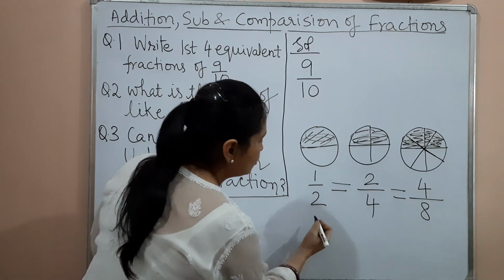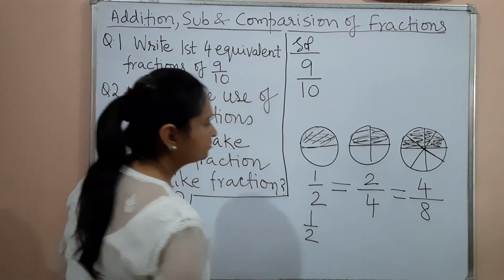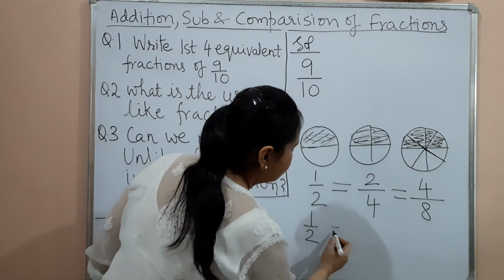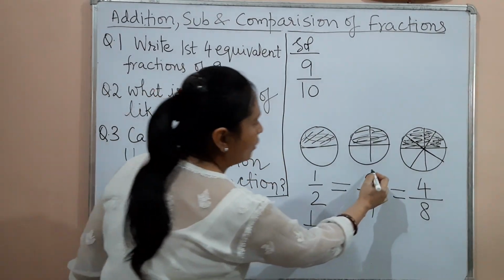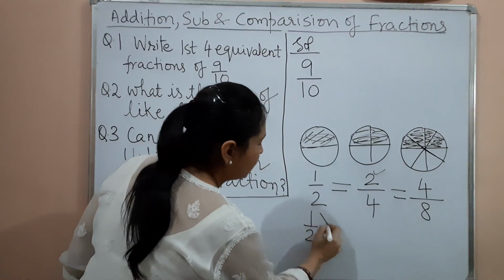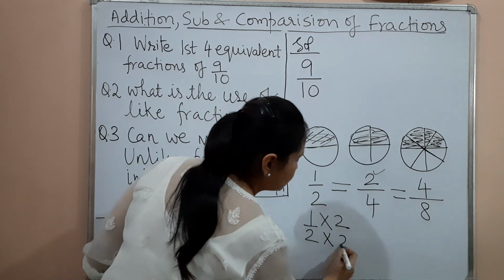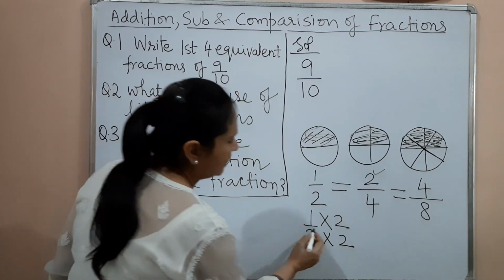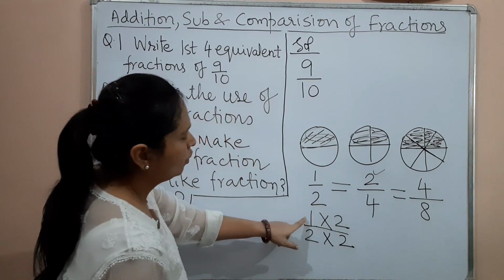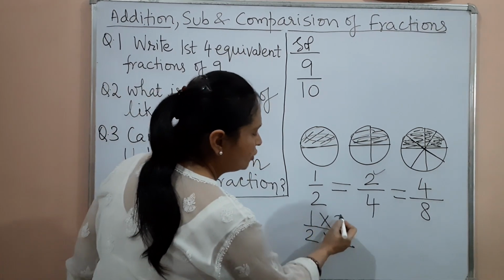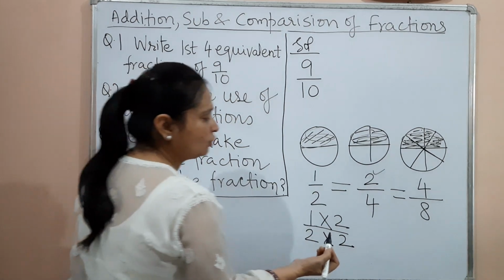See how did I get this number? I multiplied 1 by 2 and the denominator also by 2. I multiplied 1 by 2 with 2 by 2. 2 by 2 means 1.